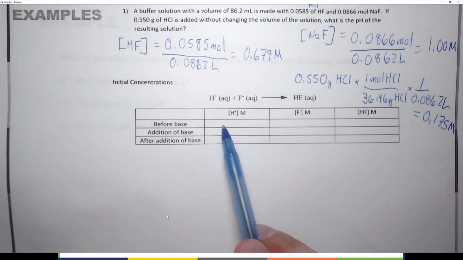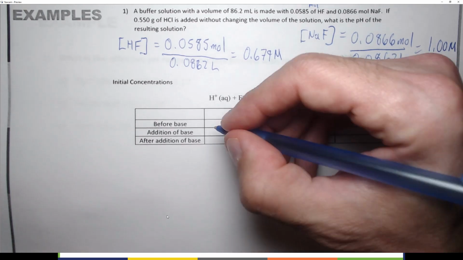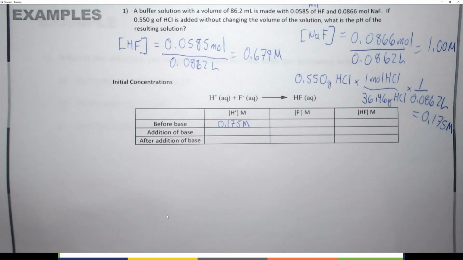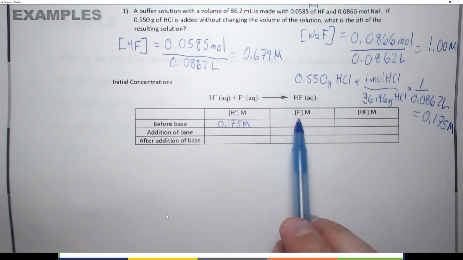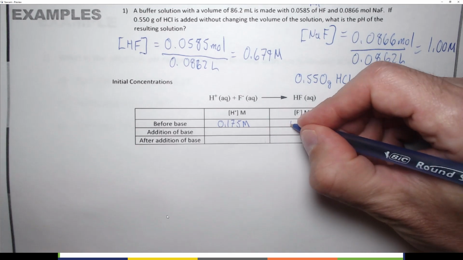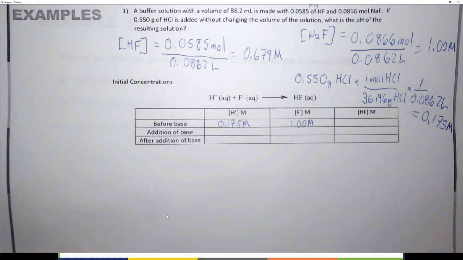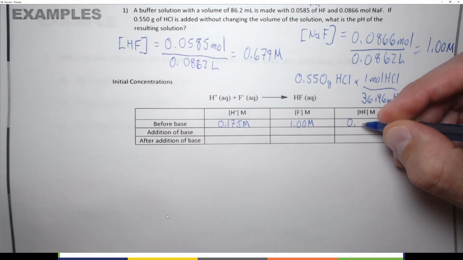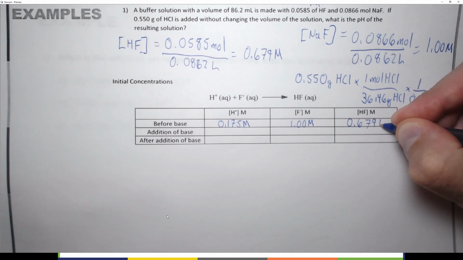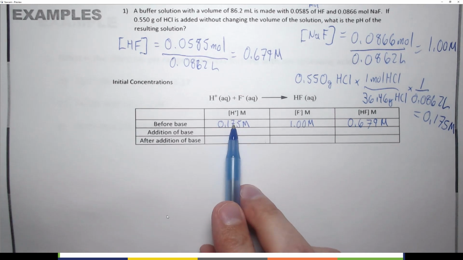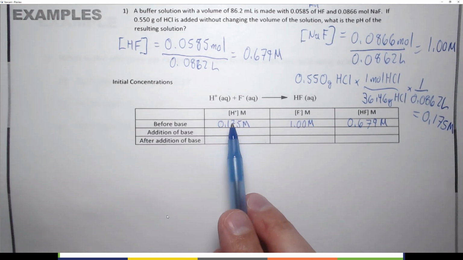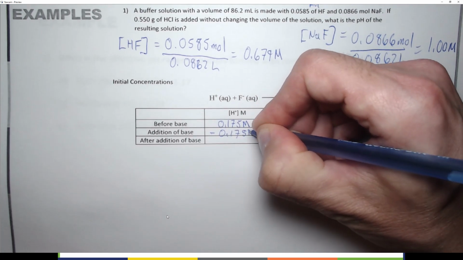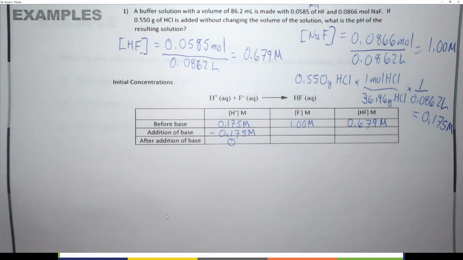So the initial concentration of the acid is 0.175 molar. The initial concentration of the F minus is 1.00 molar. And the initial concentration of the HF is 0.679 molar. Since there's less H plus than F minus, I'm going to use all of this. So I'm going to lose all 0.175 molar, and I'm going to have none left after.